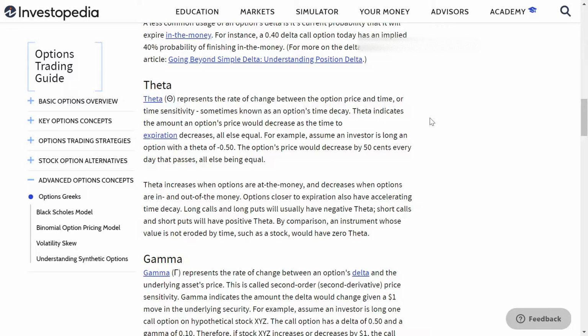You're probably questioning why there's decay and all that kind of stuff. It's where theta comes in. Theta is basically decay, or time sensitivity, based on the longer amount of time that you hold it. As the expiration nears, that gets more and more rapid. Each day you lose value on your premium.